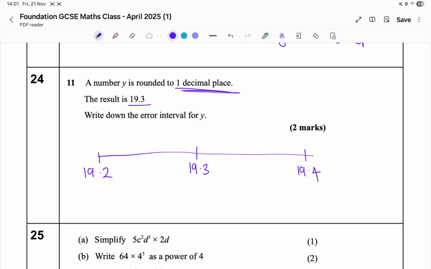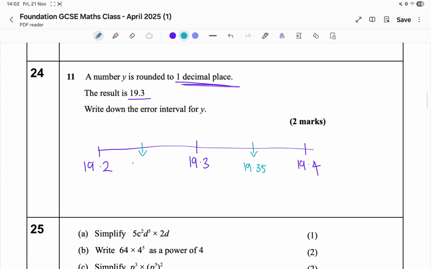And your error interval basically lies in the middle of these two. So what number is between 19.3 and 19.4? 19.35. What number is between 19.2 and 19.3? 19.25. That's my error interval. So depending on how many decimal places it's rounded to, you add one and then minus one, and your error interval lies in between those two numbers.